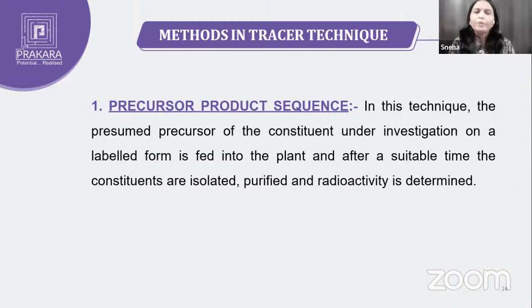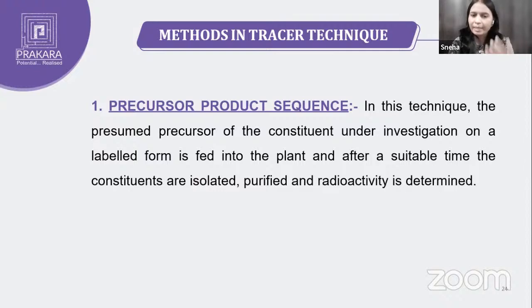Now, going towards the different tracer techniques, it is very simple to remember. First method is precursor product sequence. In this method, whatever precursor will be there, that is, the radioisotope will be introduced into the plant material. Whatever procedure we have studied is nothing but a precursor product sequence. In this technique, a radio labeled compound will be introduced into the medicinal plant.